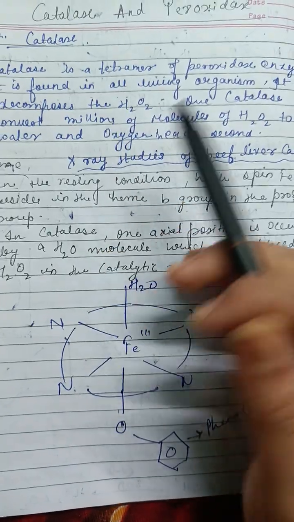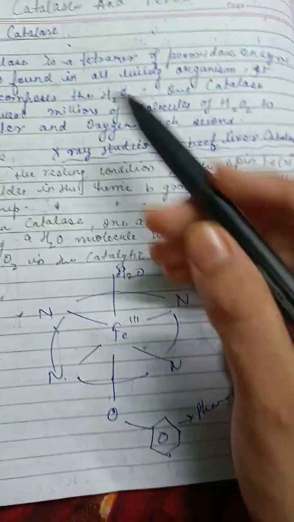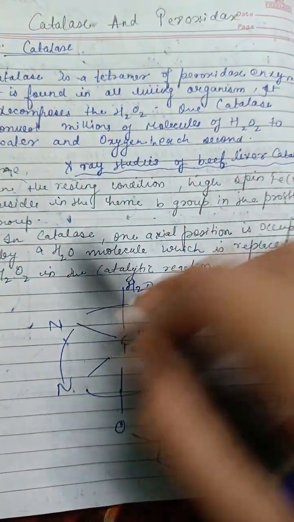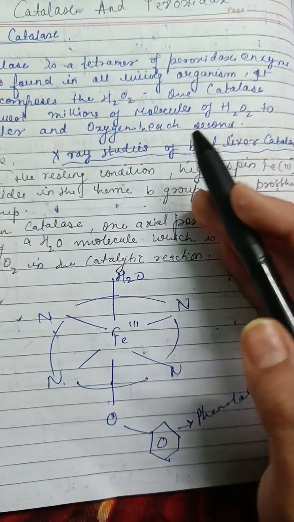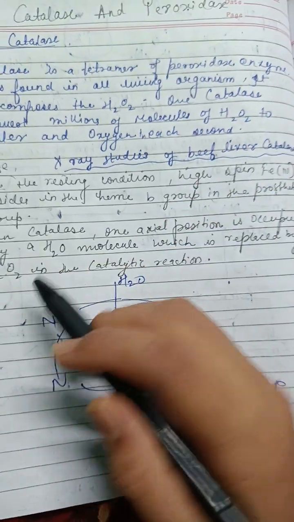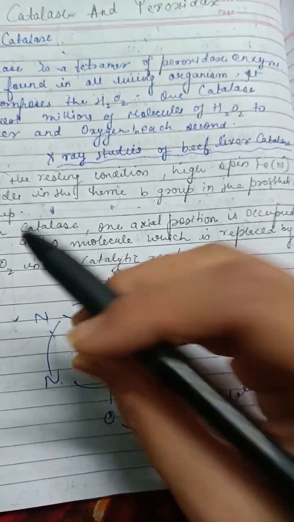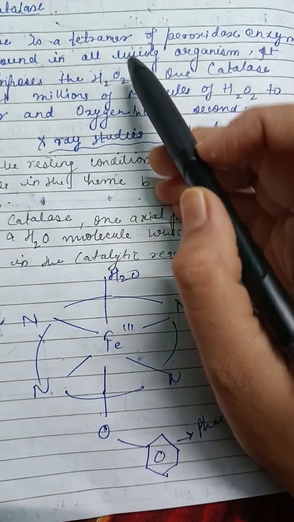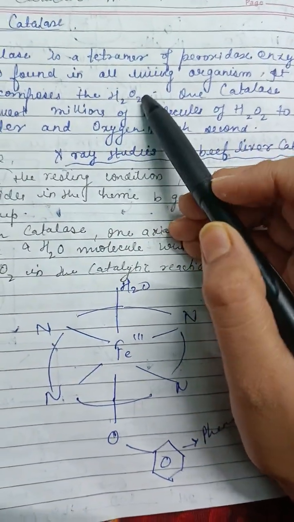We know that there is a process in our body, the process of converting oxygen to water. This process has many intermediate steps due to the generation of free radicals. There is production of free radicals and reactive oxygen species. H2O2 is hydrogen peroxide.